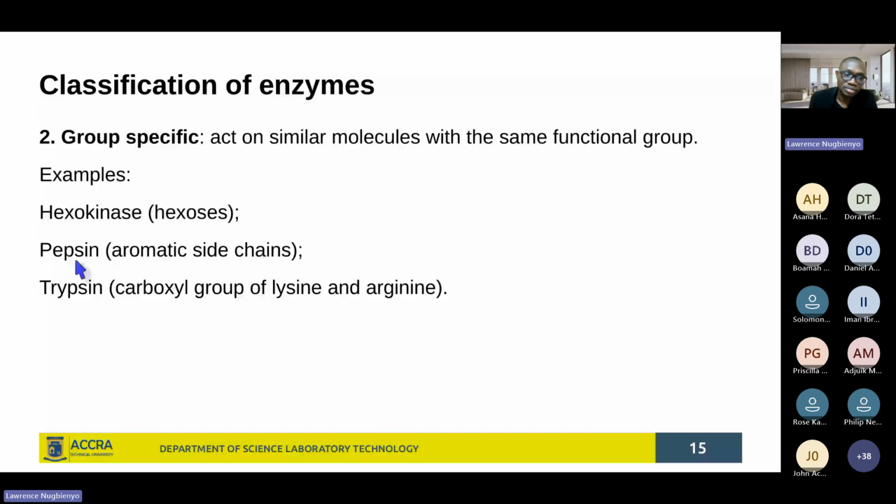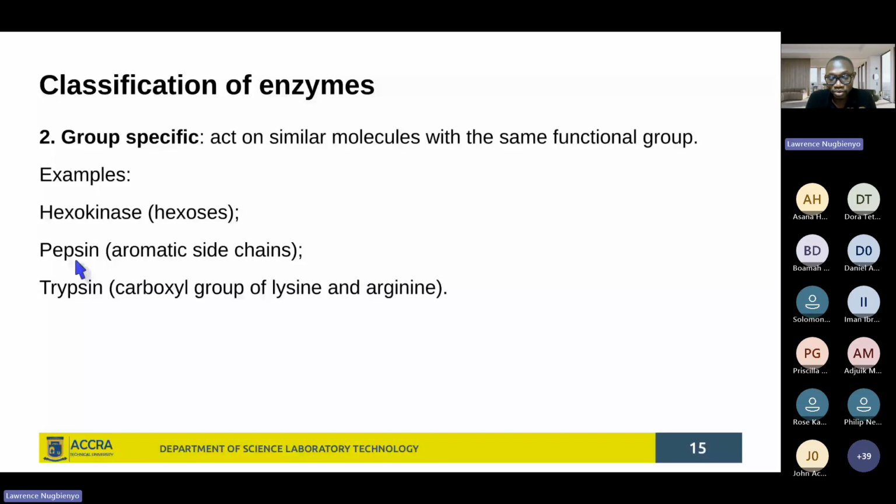Pepsin will act on peptide bonds that amino acids with aromatic side chains form. So this one too is not only a single amino acid, because we saw the amino acids and you saw three amino acids that have aromatic side chains, which are phenylalanine, tyrosine, and tryptophan.